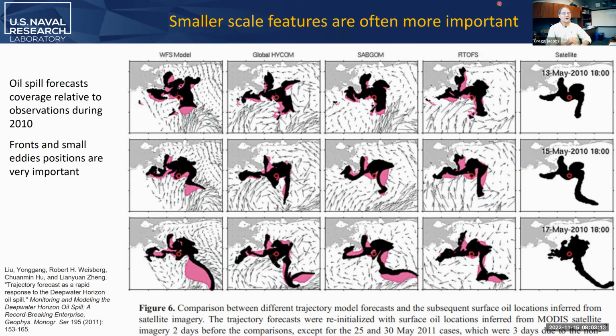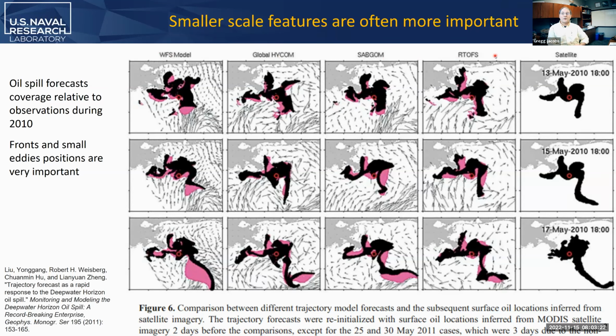So what matters in terms of small scale features in the ocean? This is just an example from a paper by Liu. They were looking at the Deepwater Horizon event, and they did several 2-day forecasts. They took a satellite image of the oil distribution on the ocean surface. They put that into 4 different numerical model systems, which are the first 4 columns.